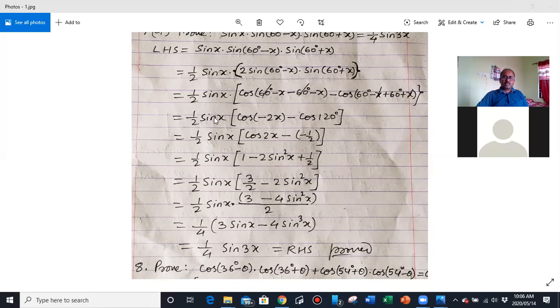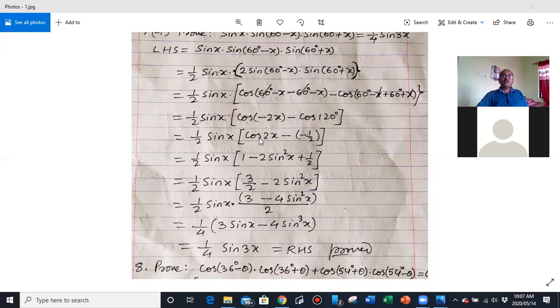I am not mentioning this part, it continues. Now cos minus theta is cos theta. So you can write cos minus 2x as cos 2x minus cos 120 degrees, minus minus 1 by 2.